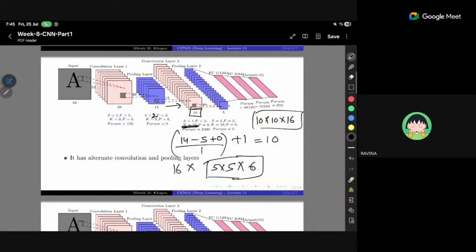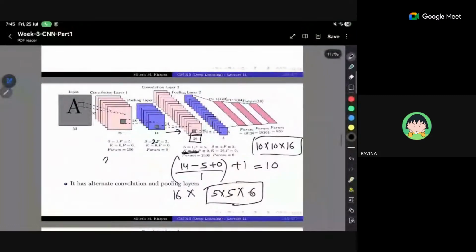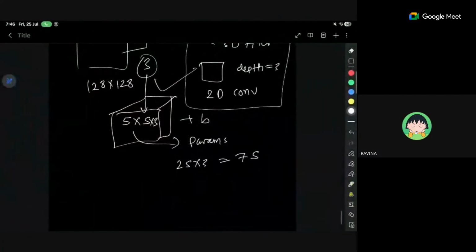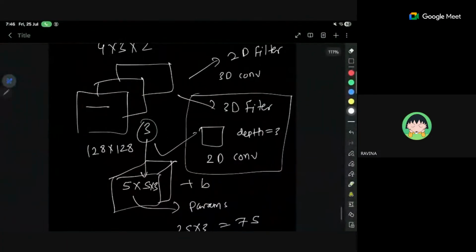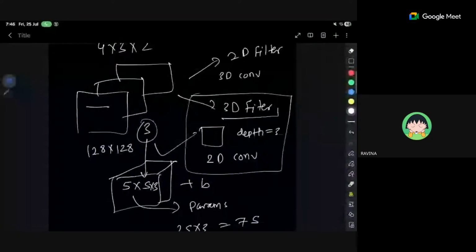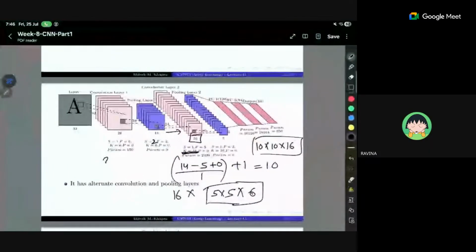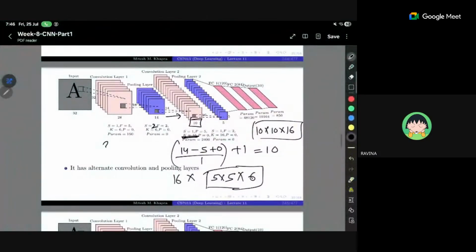Now here comes that 2D convolution part which I explained, right? Let's say I have an image and I use a 3D filter, then I can do 2D convolution. We are using a filter of 5 cross 5, and we are always using a depth of whatever the previous depth was.